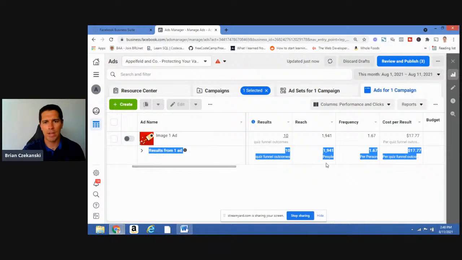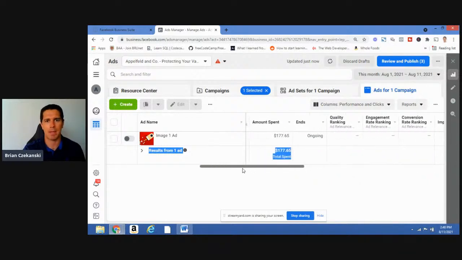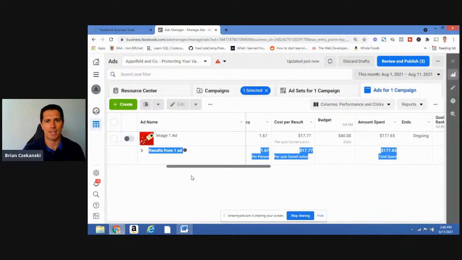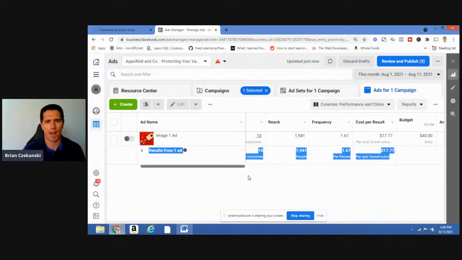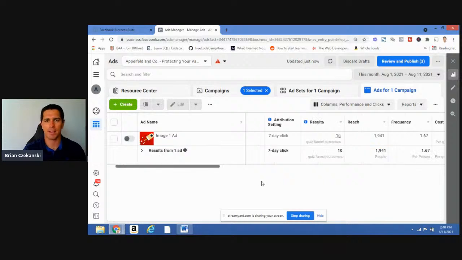So if we think about reach, this second column, this just means how many people have actually seen your ad. For this ad, over a little over 5 days, I think it was, a little less than 2,000 people saw it.